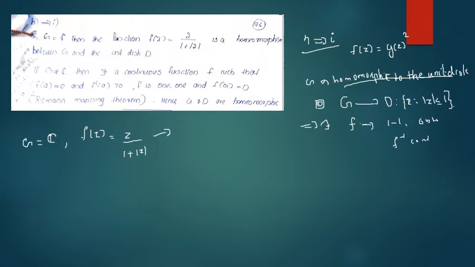Now consider the second case. If G is not equal to C, then by the Riemann mapping theorem we can find such a function f.